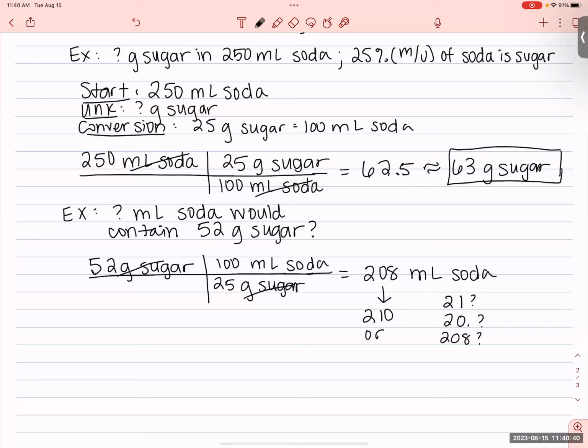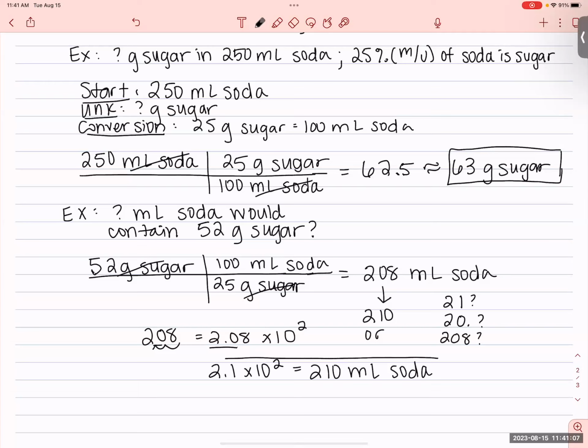Or you can put 208 into scientific notation by moving the decimal back 2, and it's going to be a positive exponent because 208 is greater than 1. Then we cut off for sig figs, which is actually the same thing as 210. So you could write it either way to get your two sig figs.